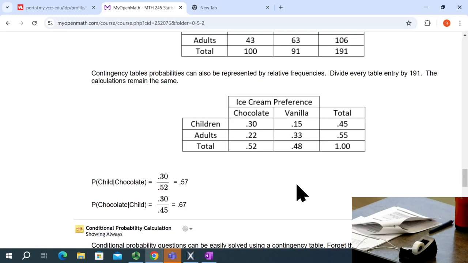Here's the conditional probability. I've got chocolate given it's a child, and the coin flip is 1/2, and it's and. It's 0.57 times 1/2. And means multiply, or means add. And it doesn't matter what those probabilities are or where they came from.